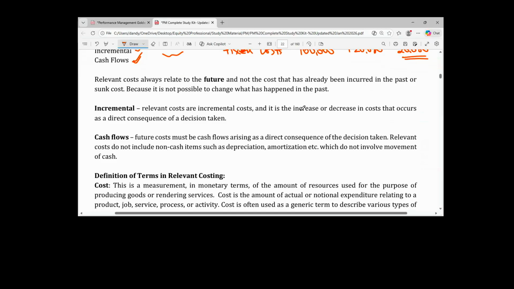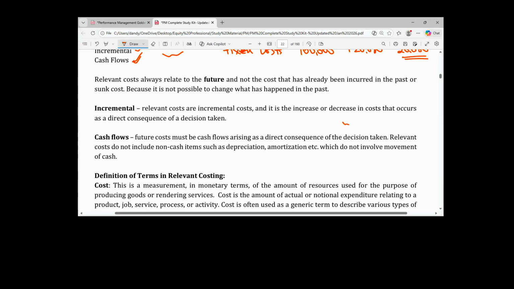So these are the three underlying principles, or concepts, or what we call determinants of relevant costs. If they are not present in a question, then it will be difficult for you to recognize such costs as relevant.